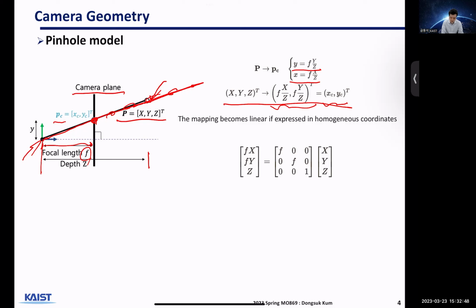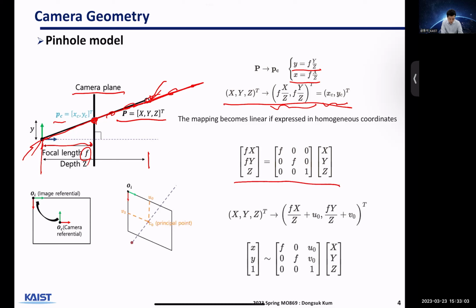The mapping becomes linear if expressed in homogeneous coordinates. And this equation can also be described as follows. This is just a vector matrix form of the above equation.